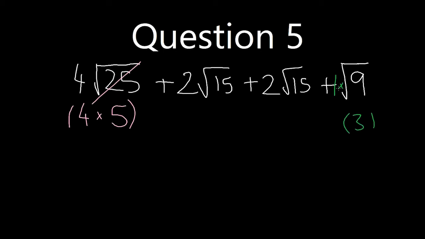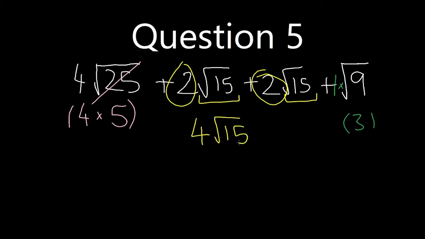Okay, so we can now go ahead and do these middle bits, which have a like term of root 15, and they both have 2. So in total, we have 4 lots of root 15. So simplifying this whole thing, we have 20 plus 4 root 15 plus 3.